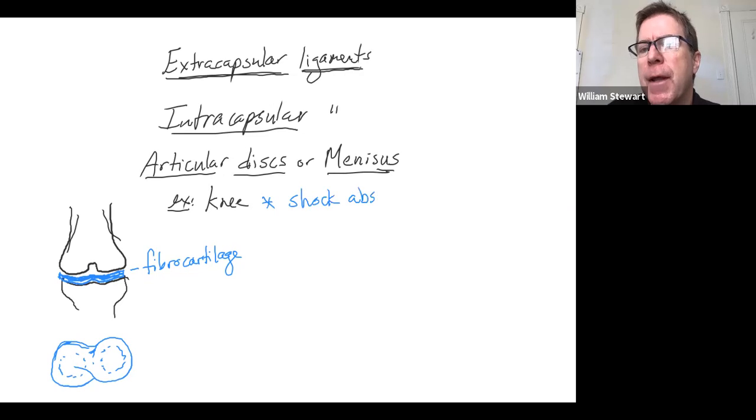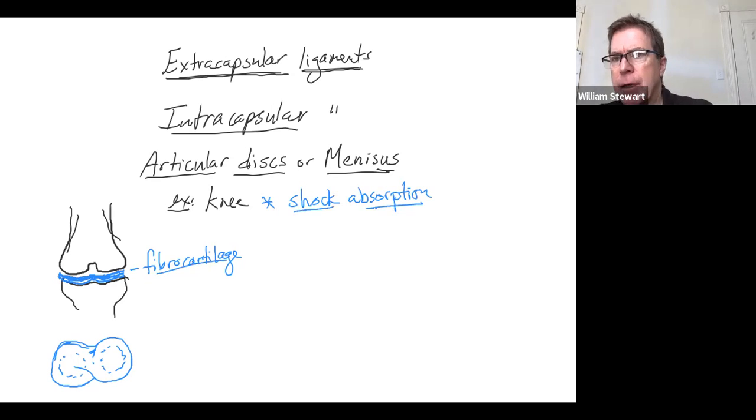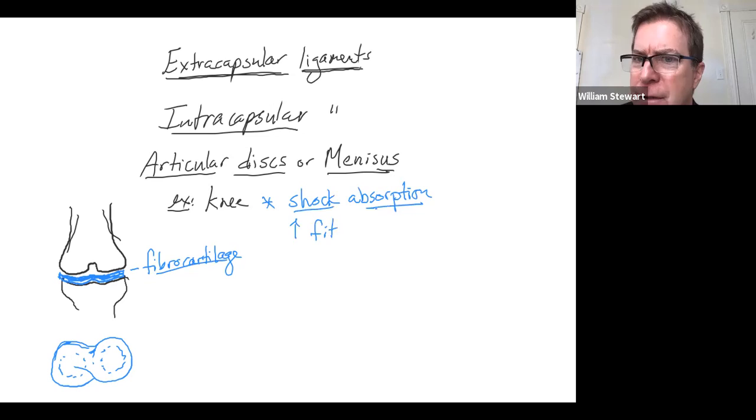So just remember that menisci are made of fibrocartilage and their function is shock absorption. It also increases the fit, to make it a tighter fit, and helps with the combined movements of a sophisticated joint like the knee.